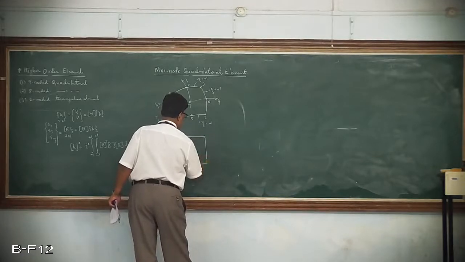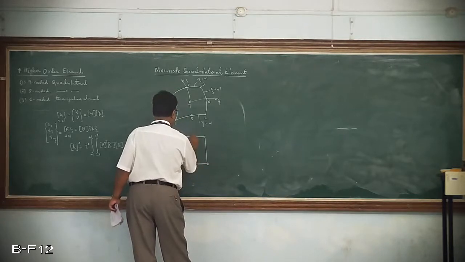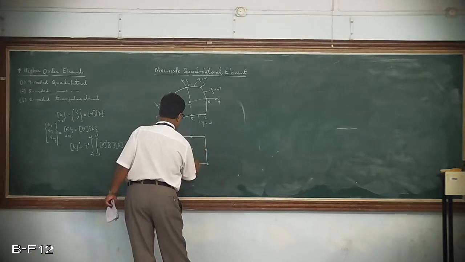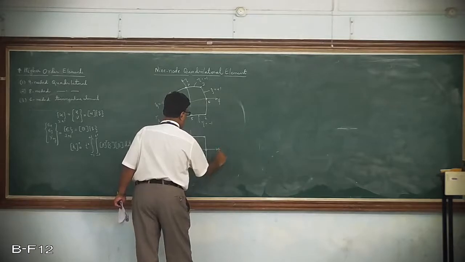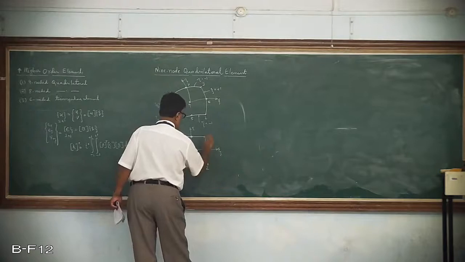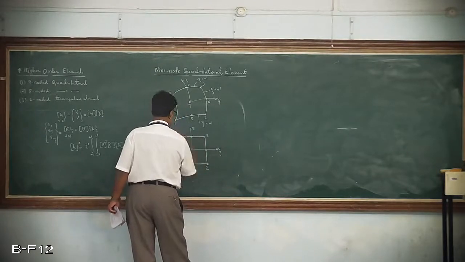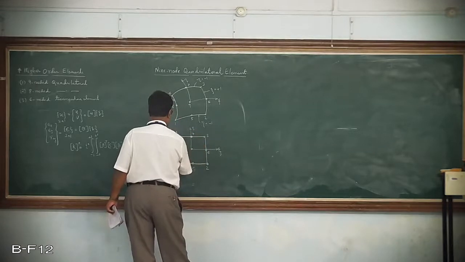This is a square element with all the 9 nodes, zeta and eta. So 1, 2, 3, 4, 5, 6, 7, 8, 9.